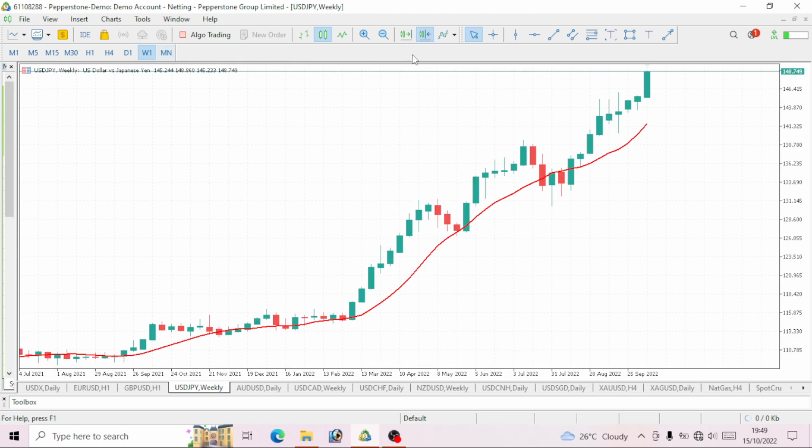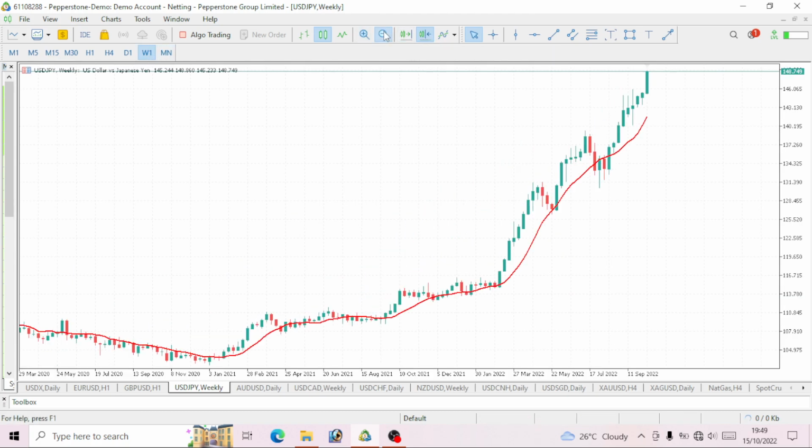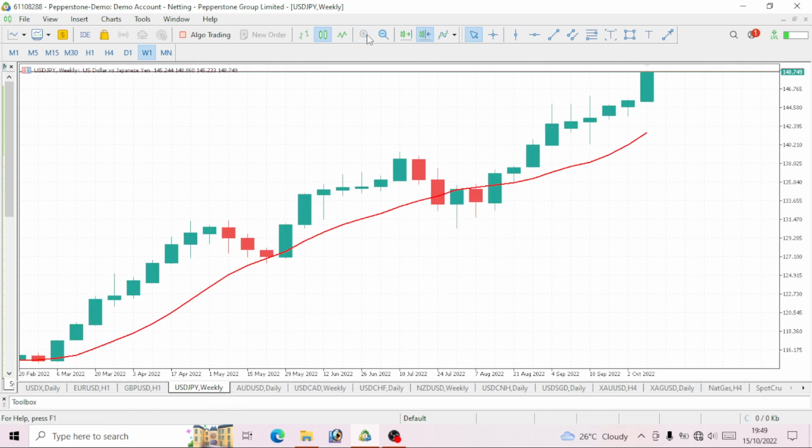Now let's see what this weekly time frame says. So we have to zoom it out. We can clearly see that on our USD JPY, we've been going bullish ever since then. Price has been giving us that bullish move. This should be happening for like 2 or 3 months now. You see first week, second week, third week, fourth week, fifth, sixth, seventh, eighth, and ninth. This is about 2 months, 1 week now that we've had this bullish move.